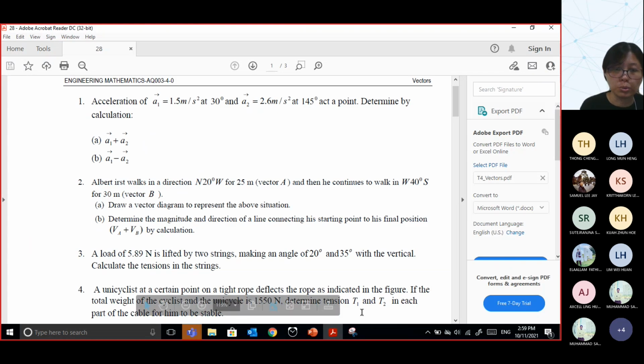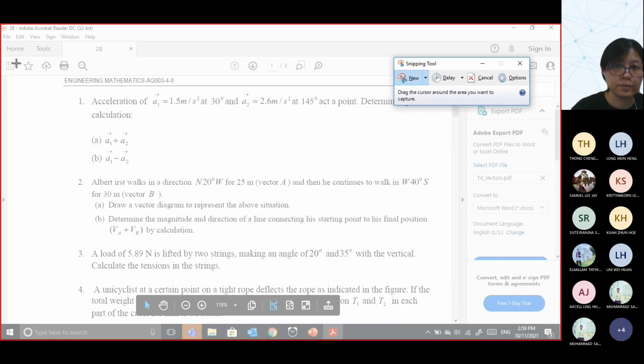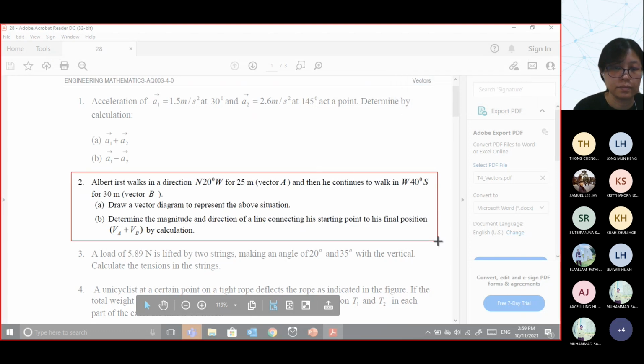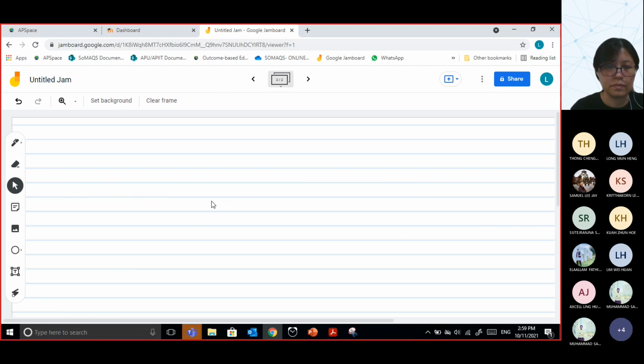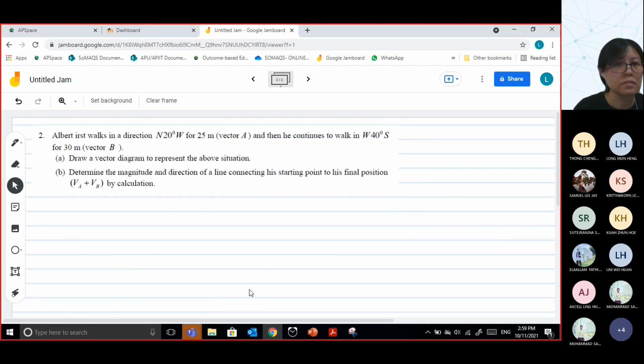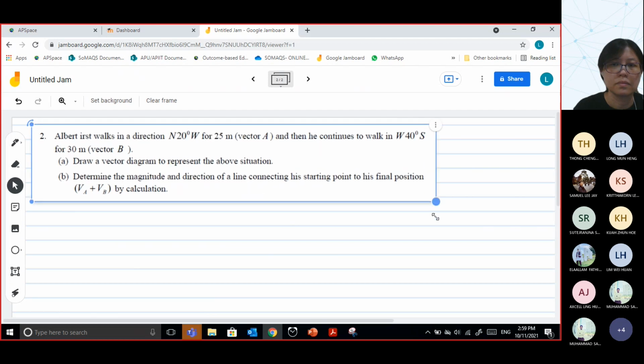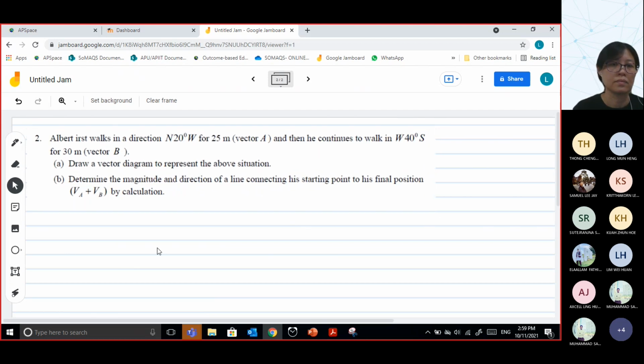Okay, number 2. For A2, Albert walks in the direction north 20 degrees west for 25 meters, which is vector A, and then he continues to walk west 40 degrees south for 30 meters, vector B. Why can we take this as a vector?